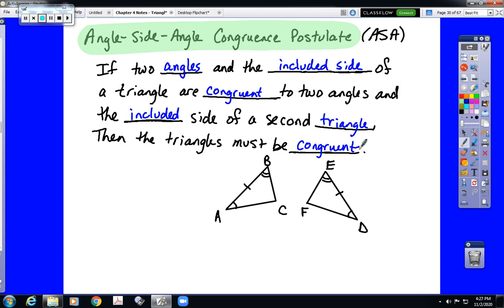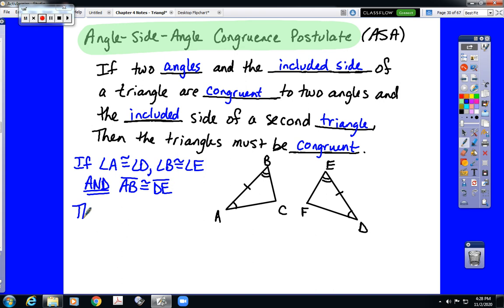So in other words, the picture is marked up already, but if we have two sets of angles, angle A is congruent to angle D, angle B is congruent to angle E, and we have the included side for those two angles, which would be side AB is congruent to side DE.